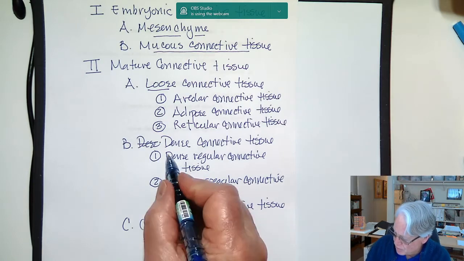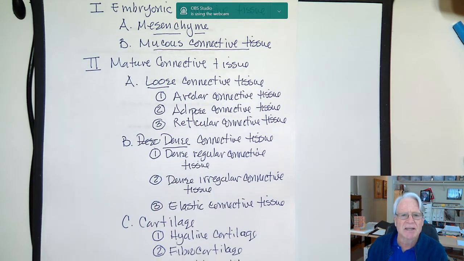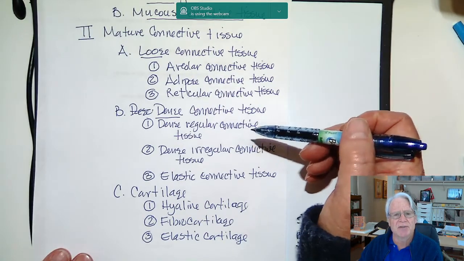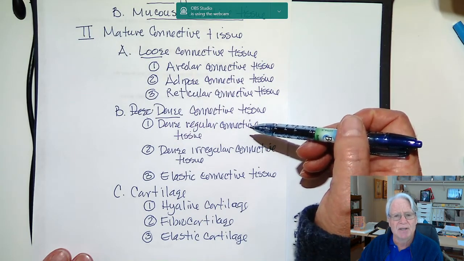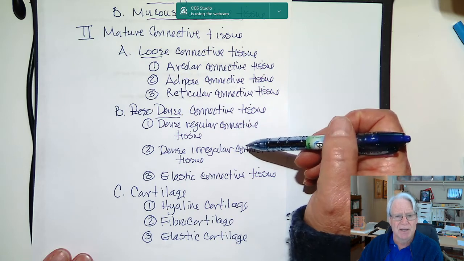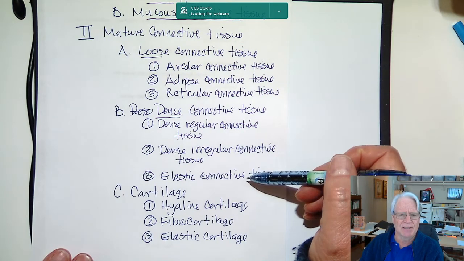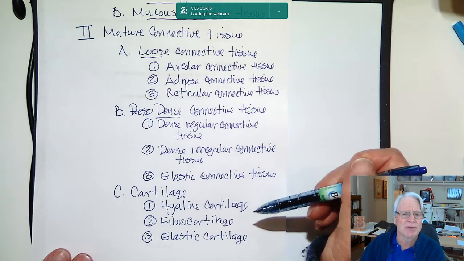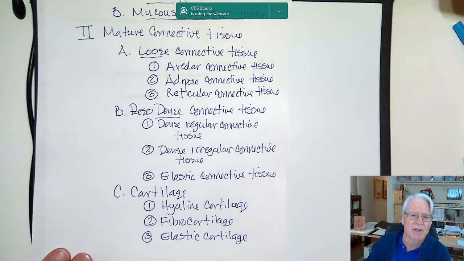As opposed to, for example, dense connective tissue. Here, we're talking about a connective tissue that has a very high density of fibers. So dense regular, dense irregular, and then elastic. All three of these have a very high density of fibers. And we'll talk about what type of fibers and their arrangement later on.